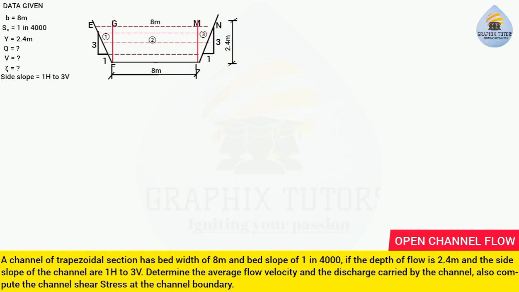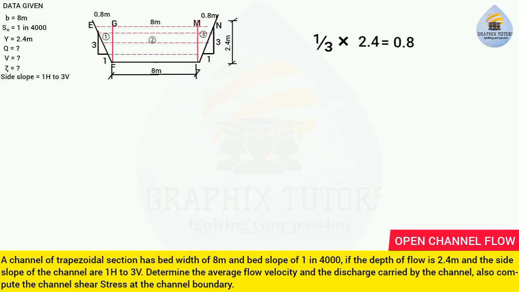The side slope is 1 horizontal to 3 vertical, so it will be 1 over 3 times the depth of this channel, which is 2.4. Multiplying 1 over 3 times 2.4, we have 0.8 meters. Similarly, between G and E we have 1 over 3 times 2.4, which is 0.8 also.